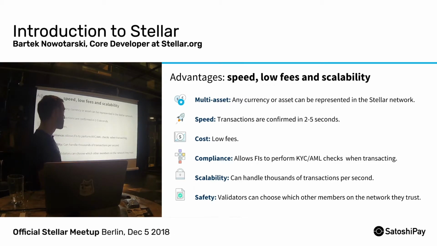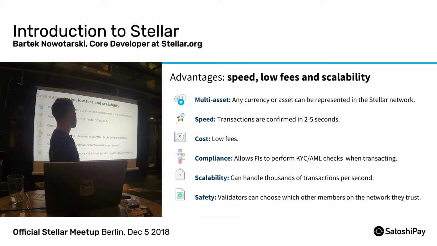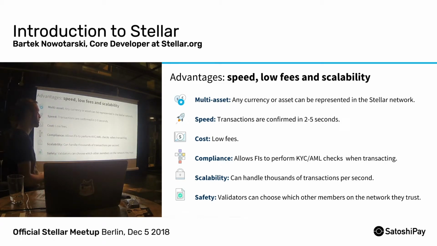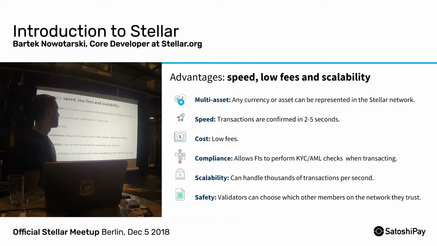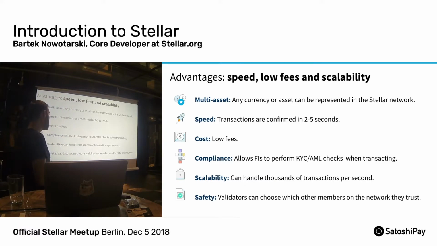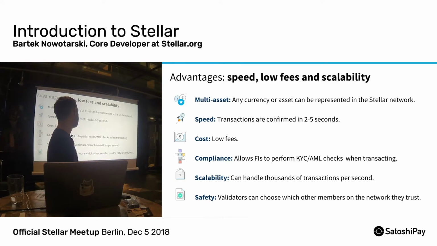The fees are pretty low because there is no mining involved in the process. We have compliance algorithms built on top of the network that financial institutions can use to do KYC and AML checks. The network is pretty scalable. You can transact thousands of transactions every second.